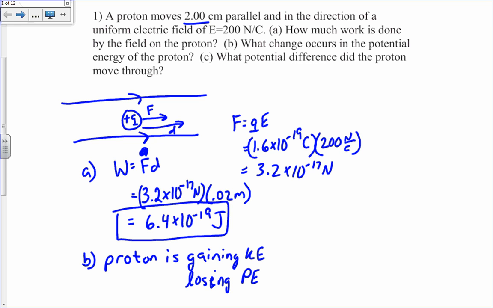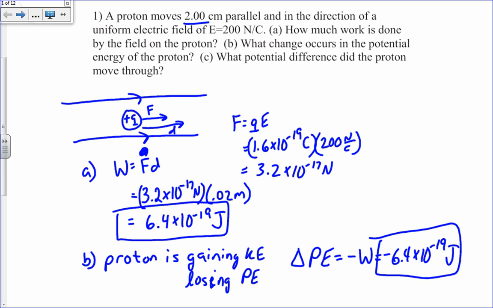And so if we think about it in that way, the change in potential energy is going to equal the negative of the work done. That's energy that the object once had as potential, and now it's lost it. So it's going to be negative 6.4 times 10 to the minus 19 joules. It's just the negative of the work. So it loses that amount of potential energy. The kinetic energy increases, and the potential energy decreases.